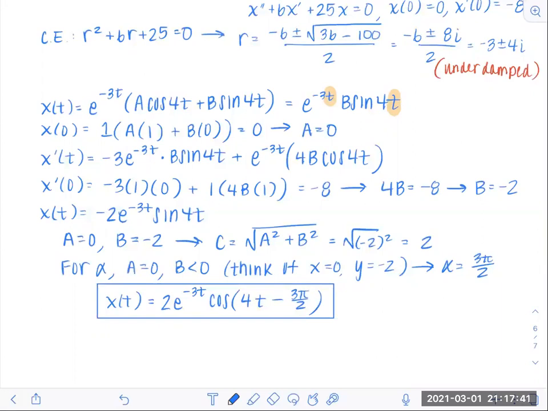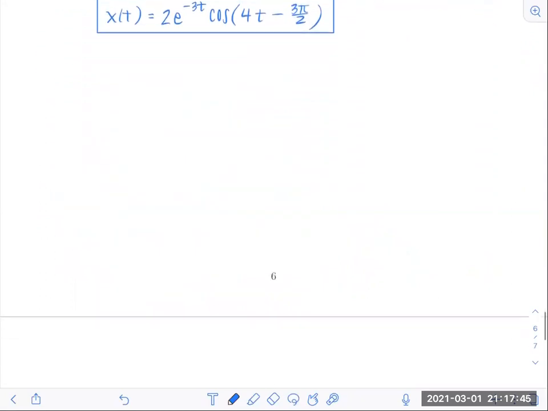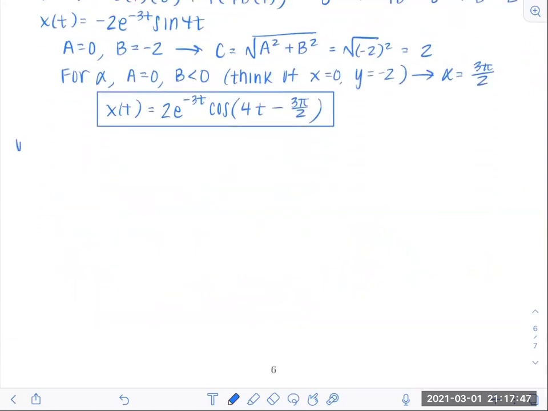Let's finish this off with undamped motion. All right, so now we're moving on to undamped. Here again, we're using mx double prime plus kx equals 0, and then plugging in the information that we know.